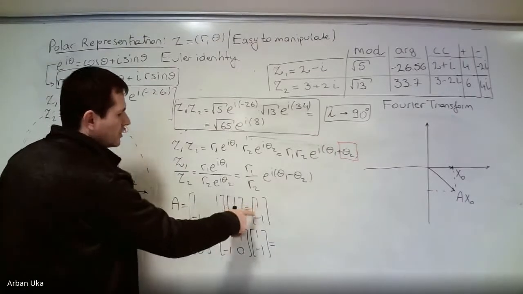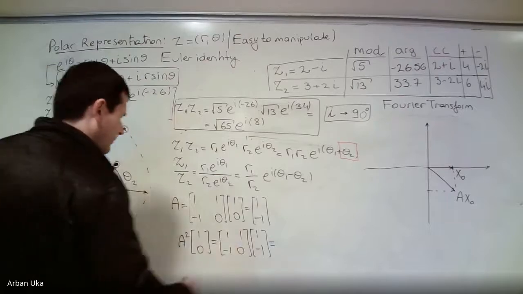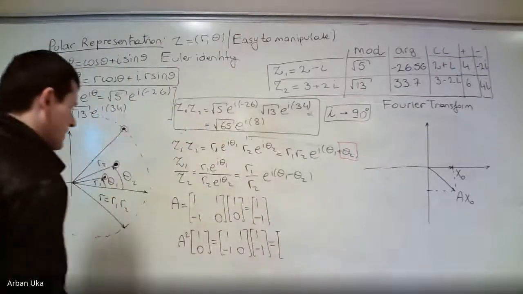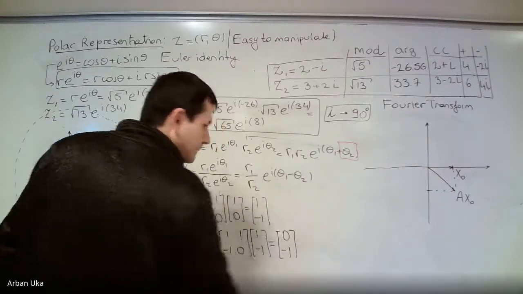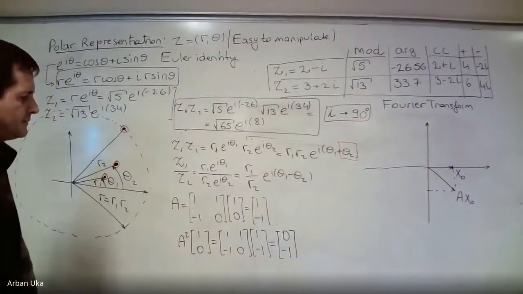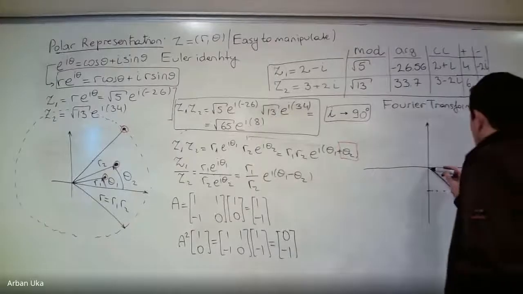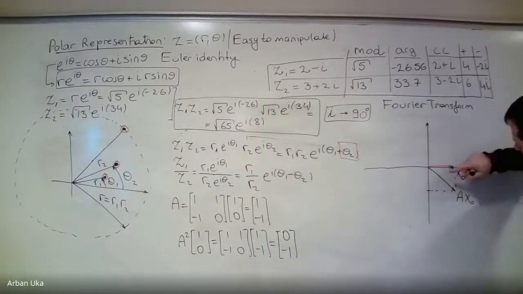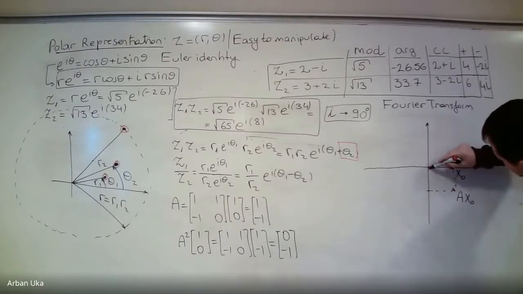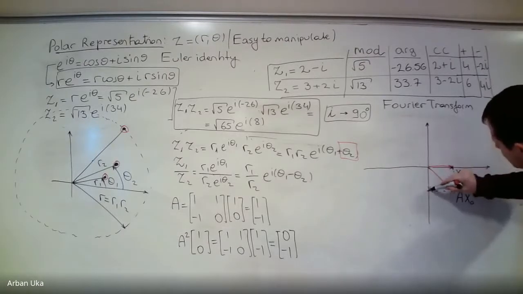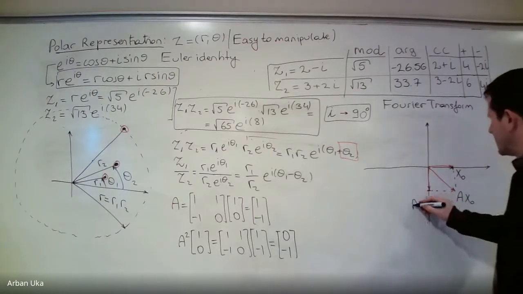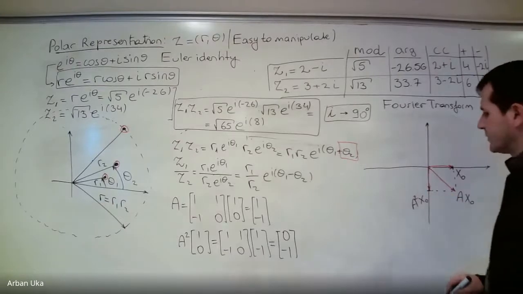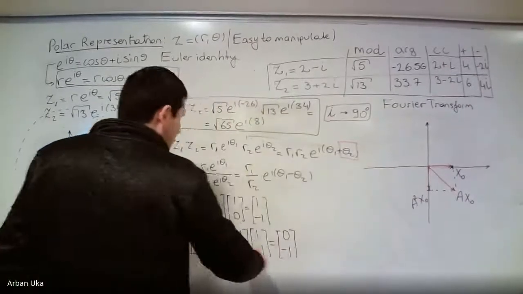We did it initially and got 1, minus 1, so what do we obtain here? 0, minus 1. Yes, 0, minus 1. Maybe we can use a different color here. So this other vector is A squared times x0.